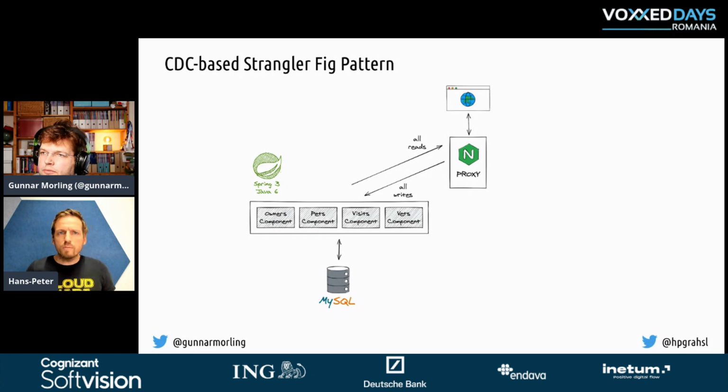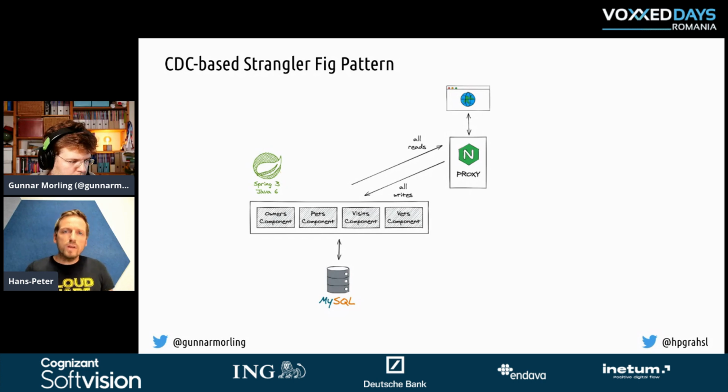So in the first step, of course, this proxy just routes all traffic, all reads, all writes, still to the monolith, and this serves every user request. Now, we would decide to start this migration effort with the owner component, which is shown in the leftmost square here in the picture.